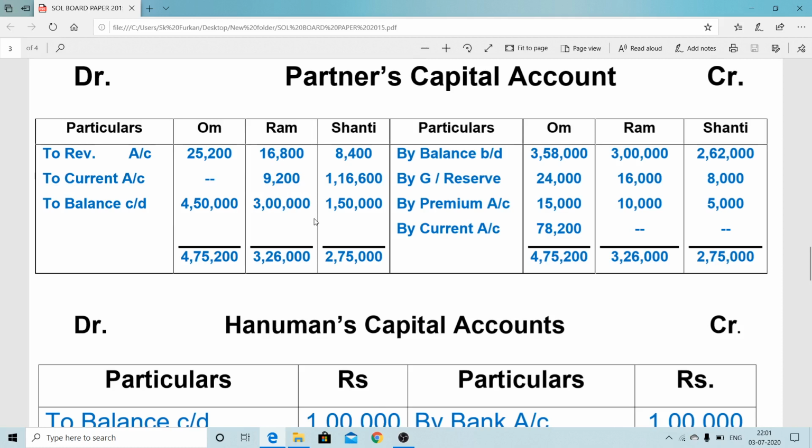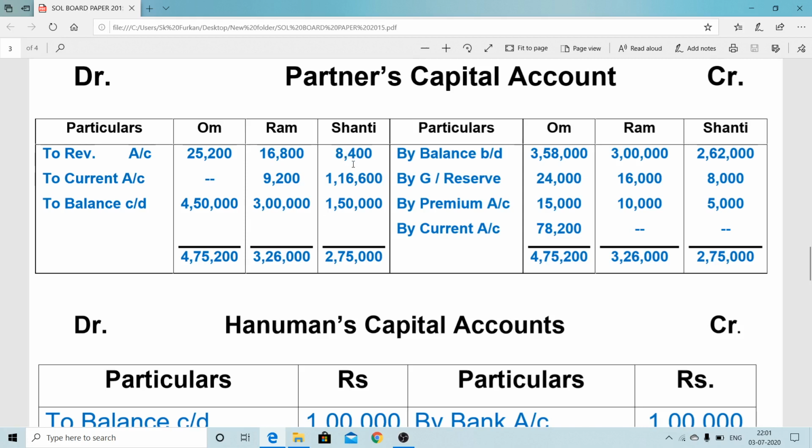Now the last, third partner, that is Shanti. On this side, Shanti's opening capital 2,62,000, general reserve 8,000, and premium for goodwill, share of goodwill 5,000. It is coming 2,75,000. So his capital benefit side is coming 2,75,000, and he wants to make it 1,50,000. He wants to decrease his capital, but here his share of loss is also there. That loss is 8,400, share of loss.